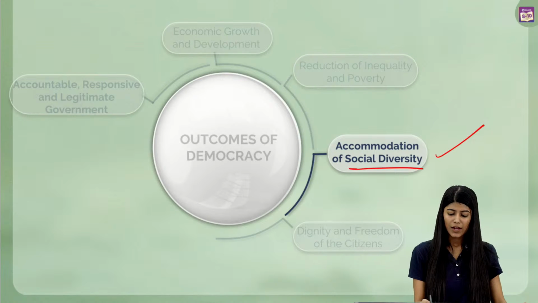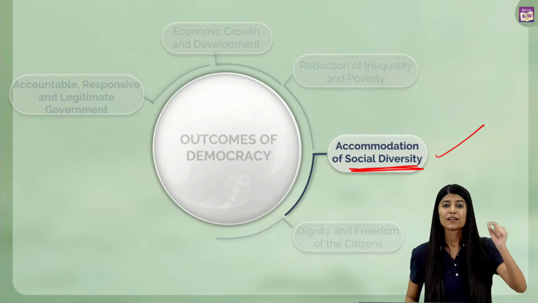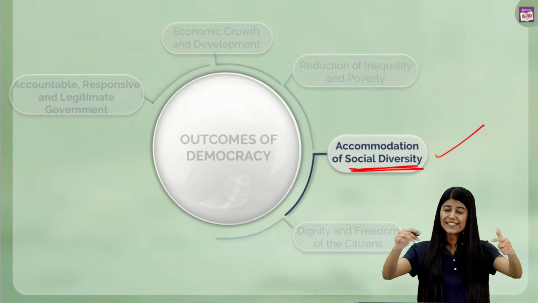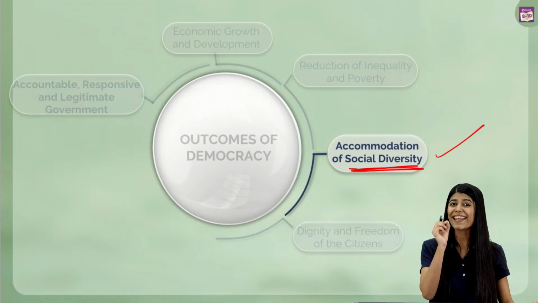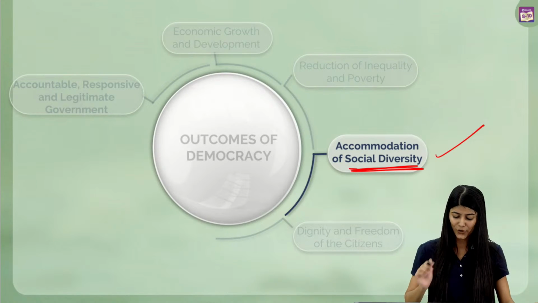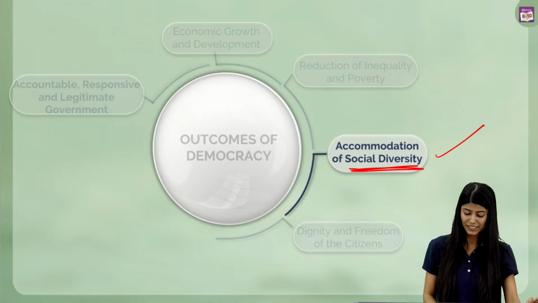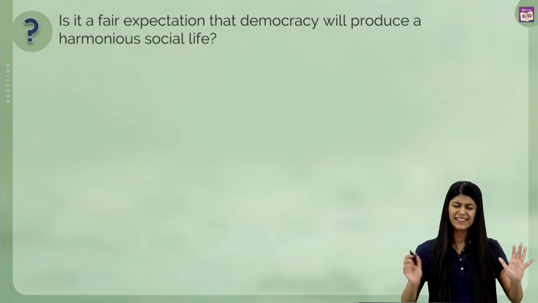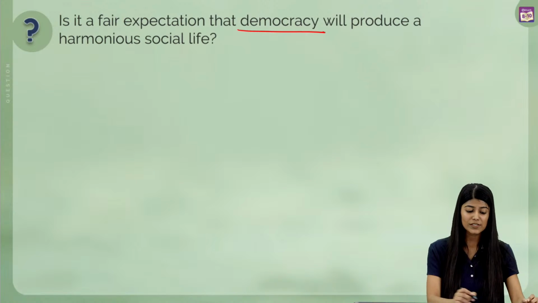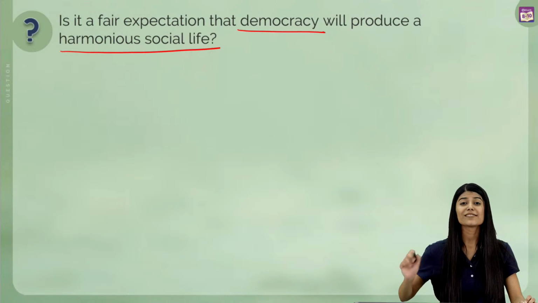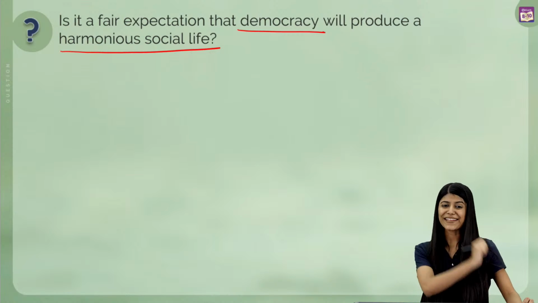Now, social diversity means all these social groups exist with each other in a society. So the question for this one is: is it a fair expectation that democracy will produce a harmonious social life? Let's find that out.